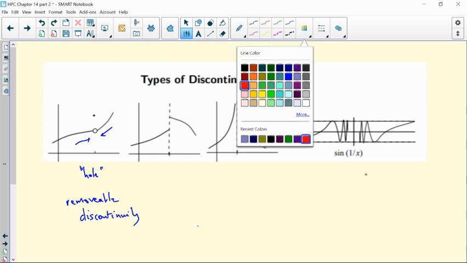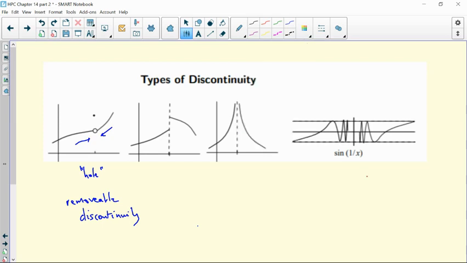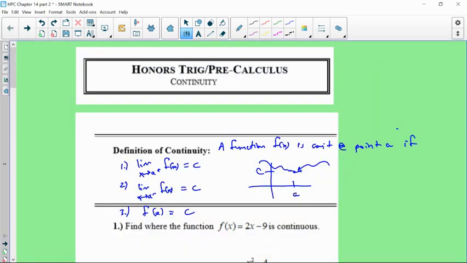So the rest are examples of non-removable. The next one is a jump, and usually they're a little bit more clear. One side might be filled in, and one side might be open. A jump discontinuity happens when a piecewise function doesn't quite line up. Again, 2 of the 3 components of what makes something continuous fail.